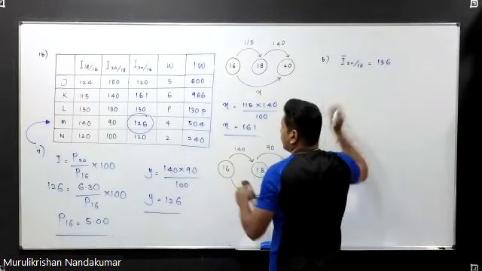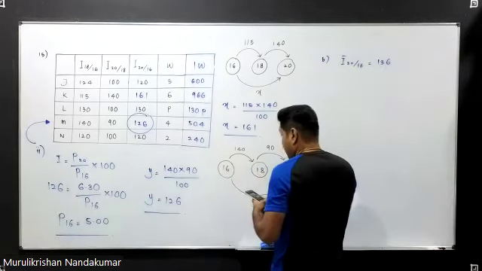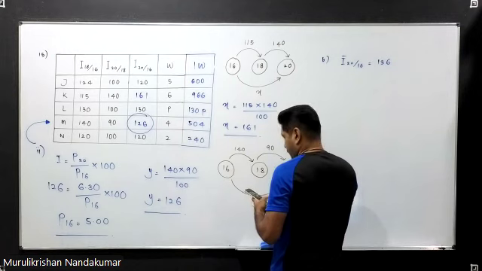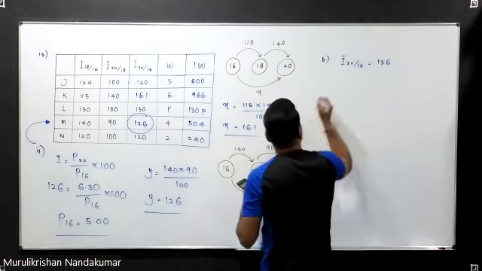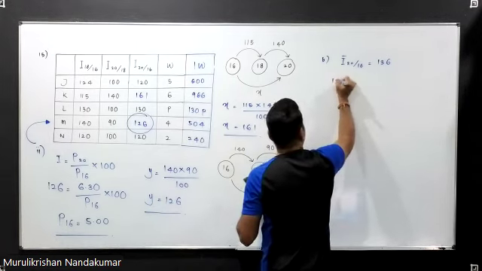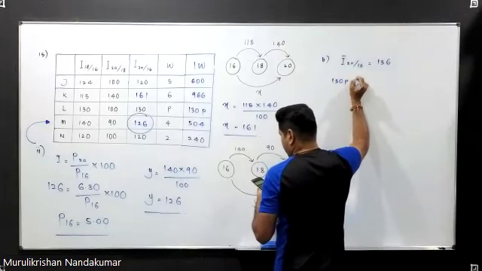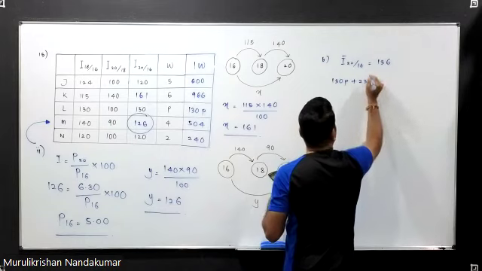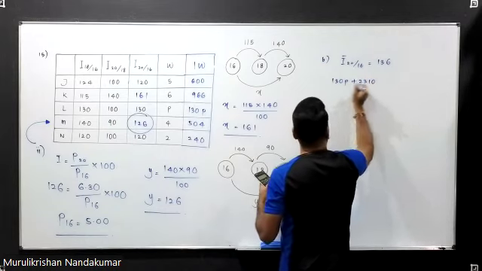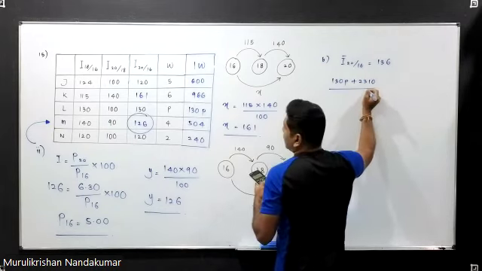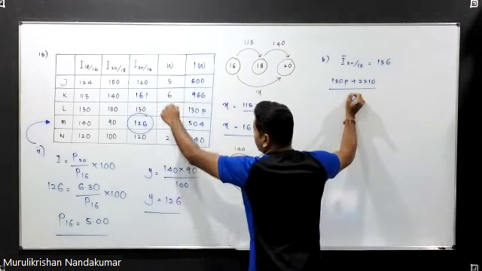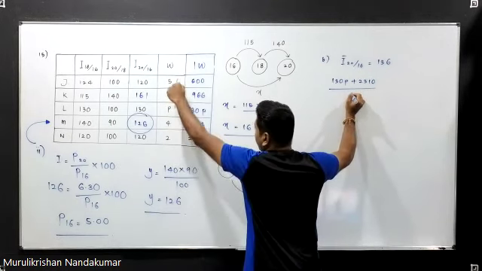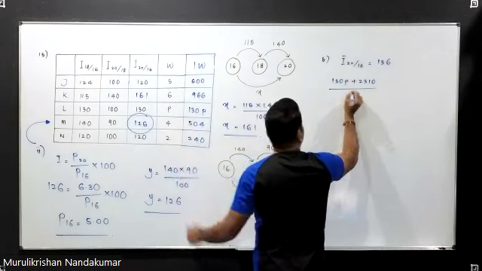The sigma IW is 600 plus 966, 504, and 240, which is 130P plus 2310. 2310 is divided by this one, which is 10, 15, 17. So P plus 17.